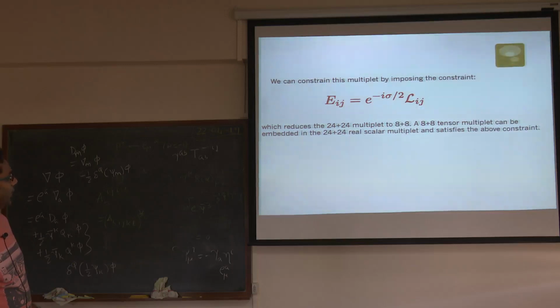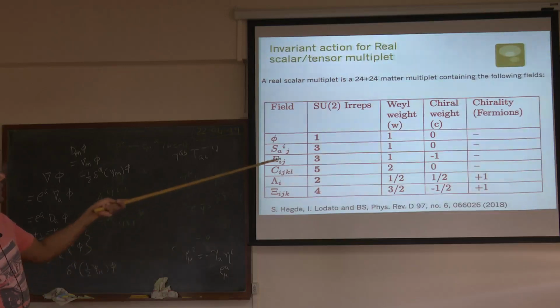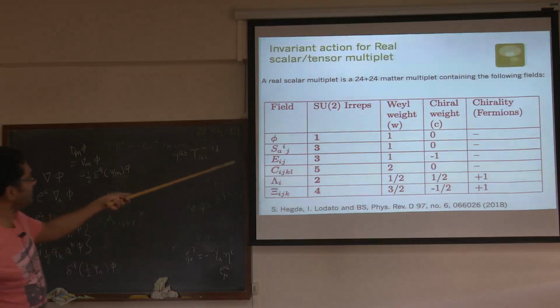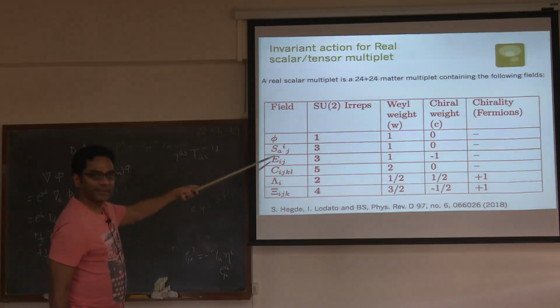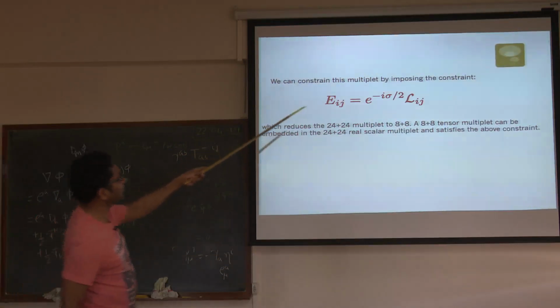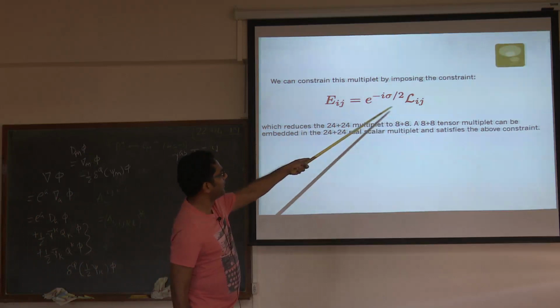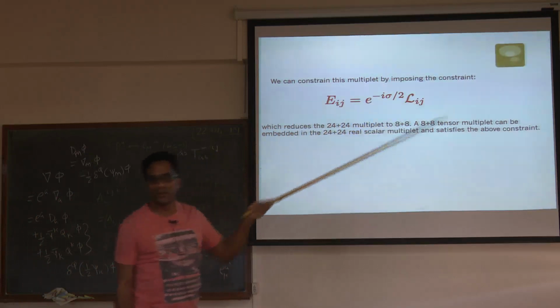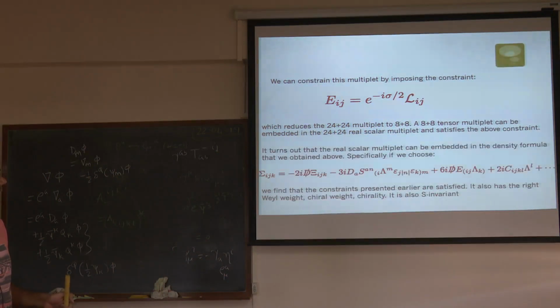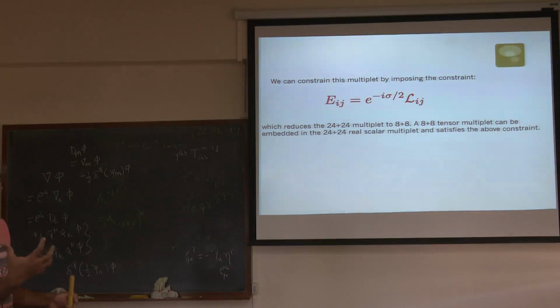We also saw that for this 24 plus 24 matter multiplet, in general this E_ij is a complex field, but if I demand that E_ij is proportional to a real field times a phase factor, then what I get is a restricted real scalar multiplet, and I can have a one-to-one mapping between the tensor multiplet and this restricted real scalar multiplet.